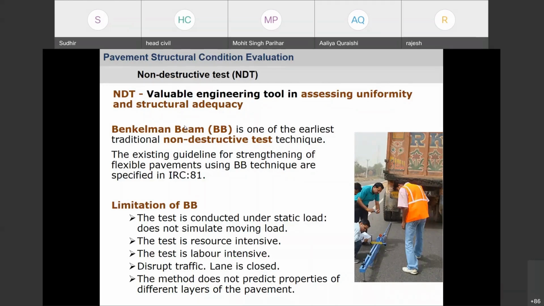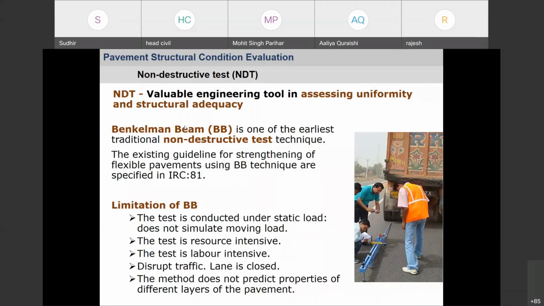Even after all these limitations related to the testing, there is limitation in terms of the information also that you can extract, because the test does not predict properties of the different layers that are present in the pavement structure, right? So it doesn't give you any characteristic property of the pavement structure.